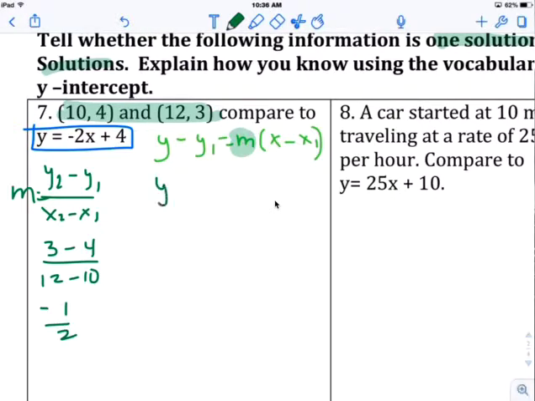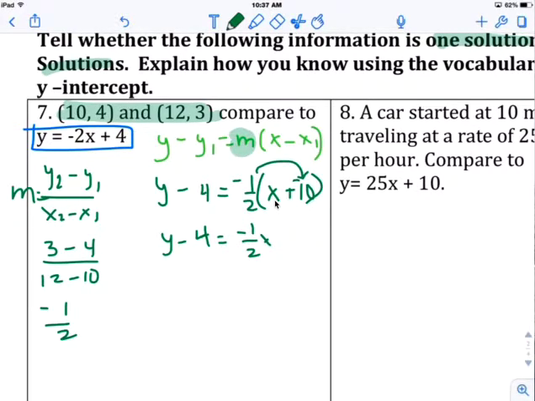So y minus y1, which is 4, equals m, negative 1 over 2, times x minus 10. So y minus 4 equals negative 1/2 x, multiply to this, it's a positive 5. Add 4, get y equals negative 1/2 x plus 9.